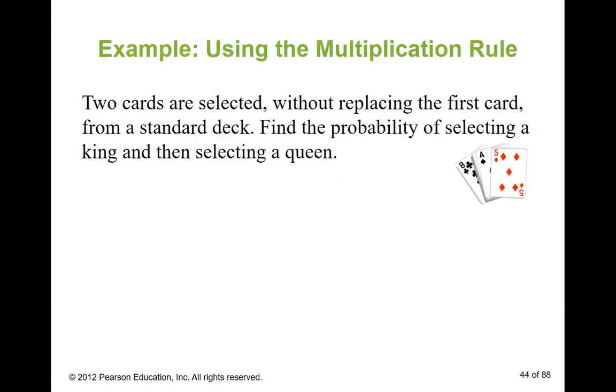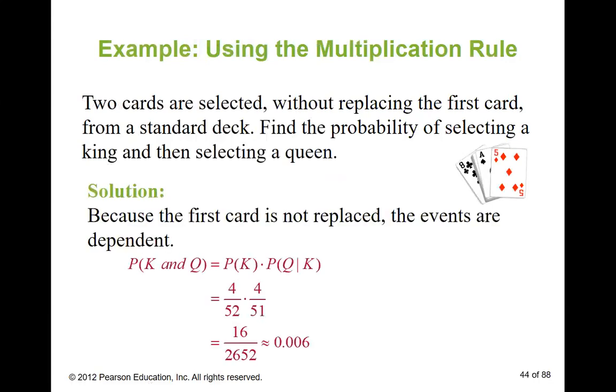If it says find the probability of selecting a king and then selecting a queen, multiply. Remember, this is the multiplication rule. Anytime you see and, it means multiply. Okay? So if I want the probability of this and this happening, multiply those together. So what do you get if you multiply 4 over 52 times 4 over 51? A little tiny number. Is that very likely to occur? No, it is not. You have less than 1% likelihood that this would occur. Okay?